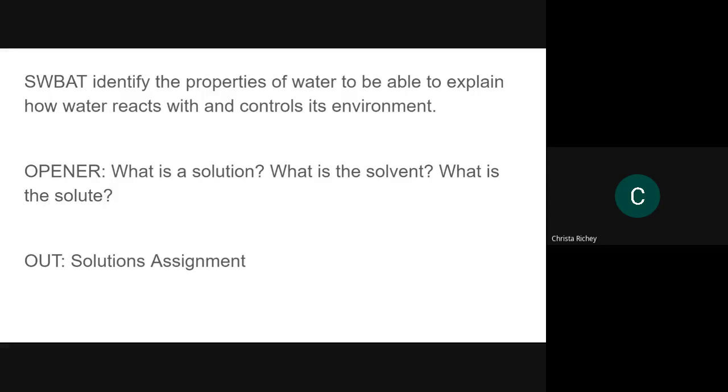It could be a gas or another liquid, but it's the thing that is dissolved. And so then what is a solution? Using those 2 words, what is a solution? The result of the solvent dissolving the solute.